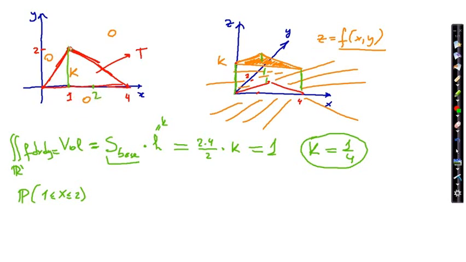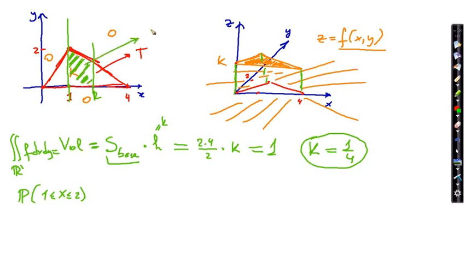So I want my points to be inside this strip. But because outside of this triangle my joint PDF f is 0, I just need to calculate the probability that my point (X, Y) is here.